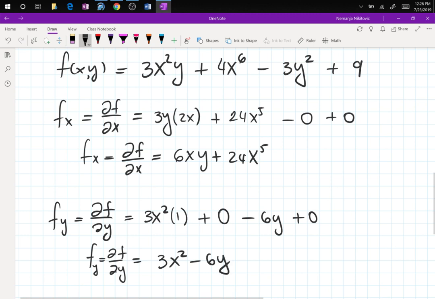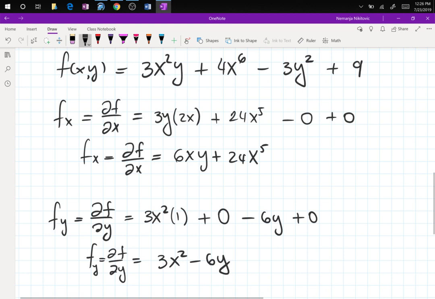So now, from the same problem, you have the partial with respect to x and the partial with respect to y, and they are 90 degrees to each other. This derivative will show how much change you have in the x direction, where the point is, and this one shows how much change you have in the y direction.